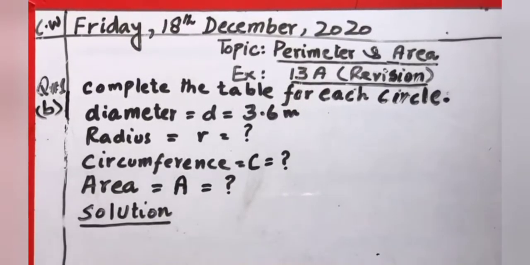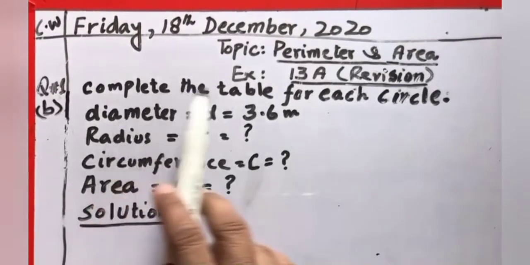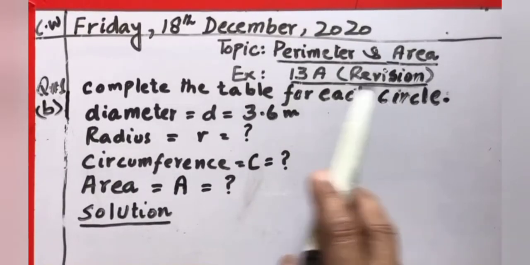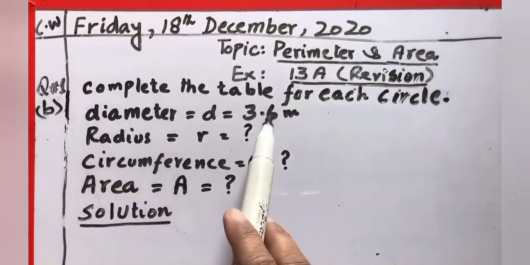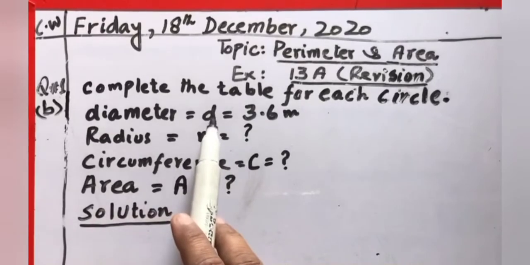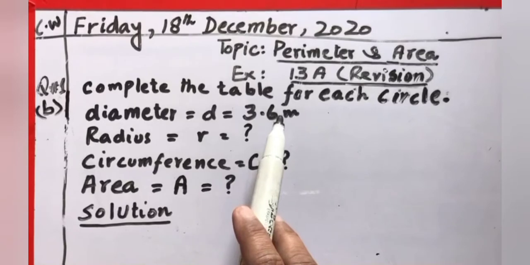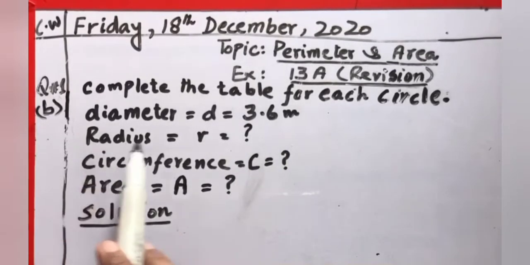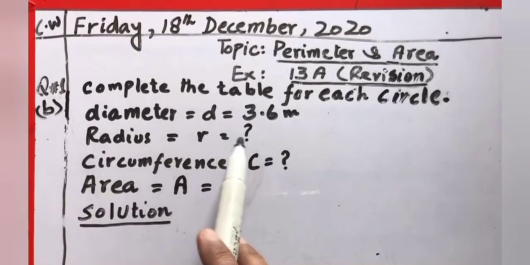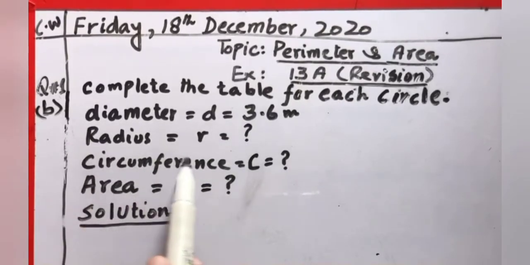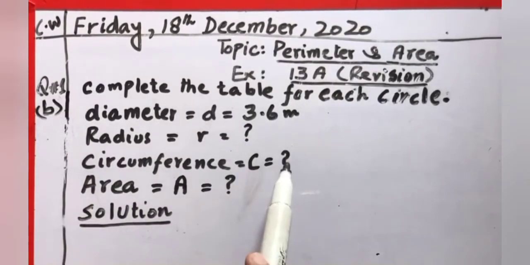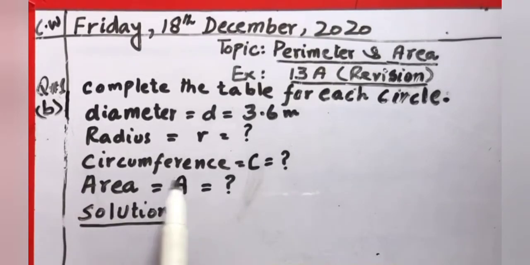Okay student, now we are going to solve the B part of question number 1. As the statement of question number 1 is to complete the table for each circle. In the second part, the diameter of a circle, which we represent by D, is given, which is 3.6 meter, and the radius, which we represent by R, we have to find, and the circumference, which we represent by C, we have to find, and the area of a circle, which we represent by A, we have to find.